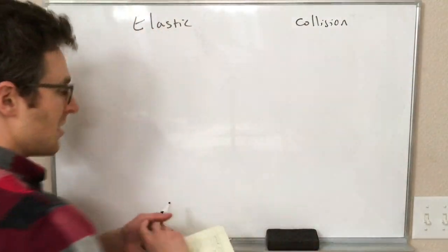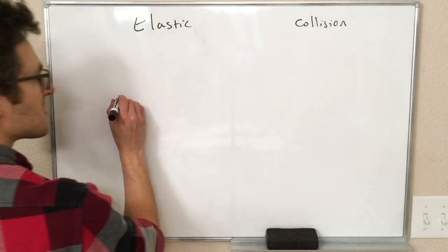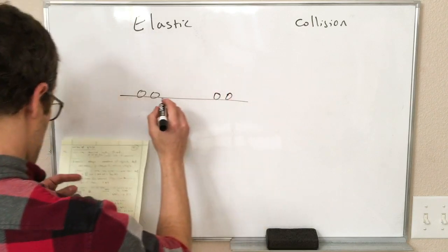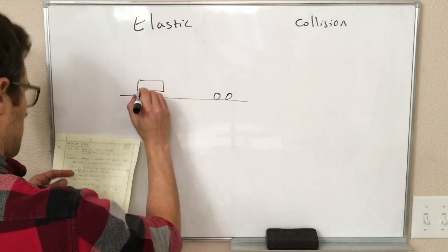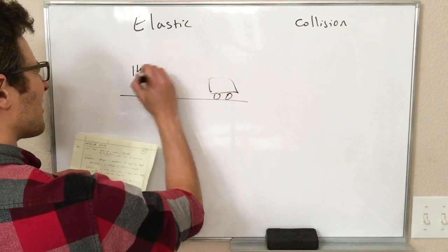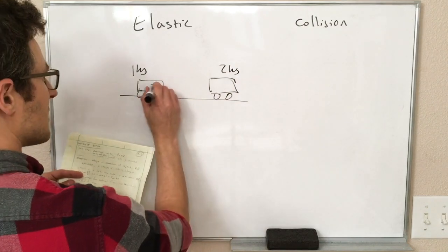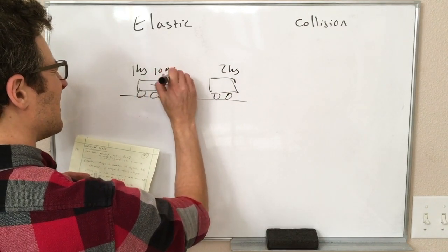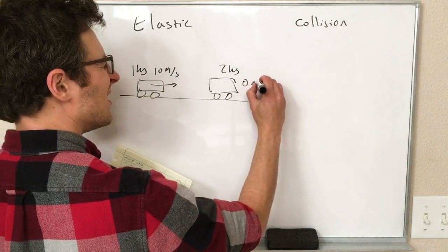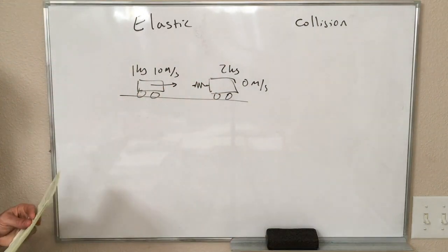So here's our elastic collision example. Let's say we have two carts. This one has a mass of 1 kilogram, this one has a mass of 2 kilograms, and this one has an initial velocity of 10 meters per second. And the second cart here is starting at rest, but it has a spring attached to it.